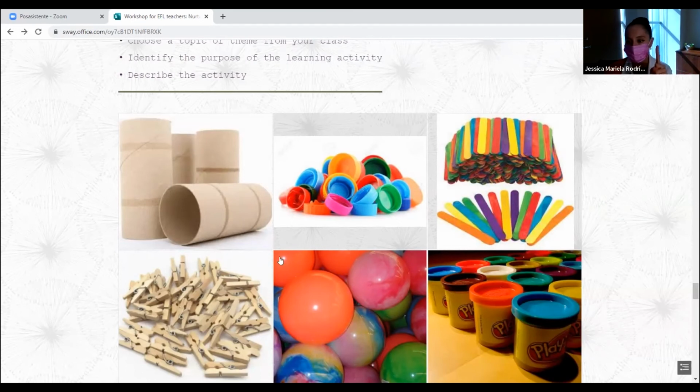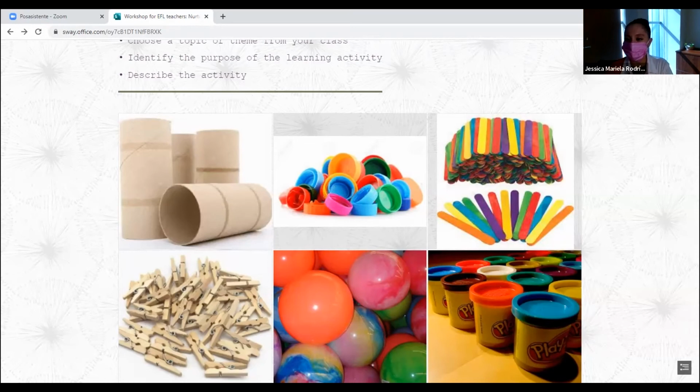Okay, only pick one. That material that you pick, you have to use it for the activity you are going to provide your students with. Is that clear? Show me your thumb if my explanation is clear. Okay, thank you.